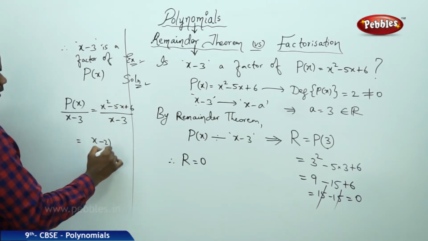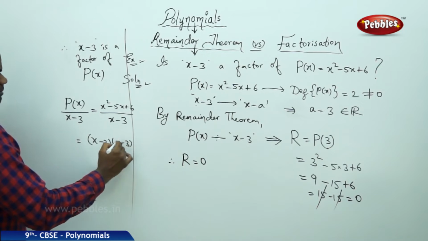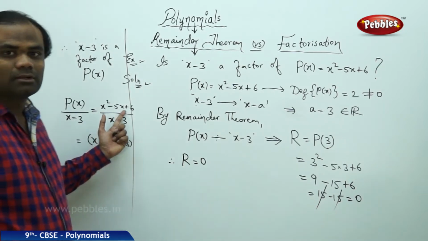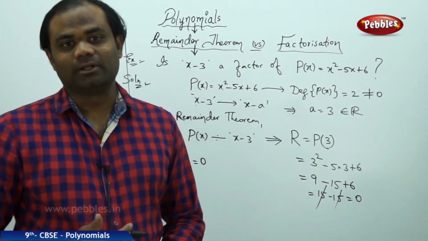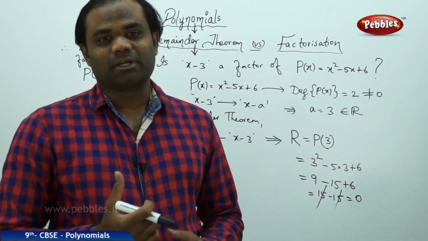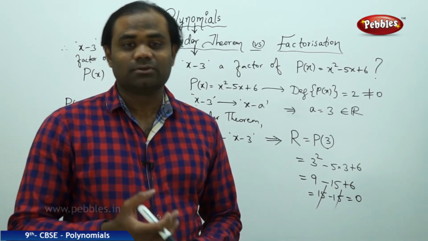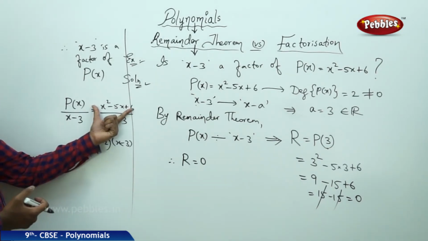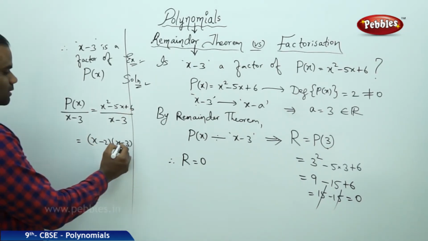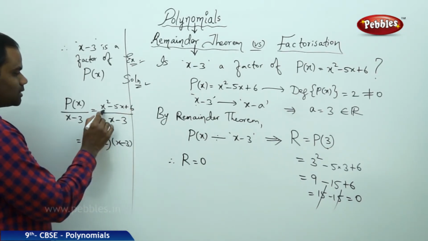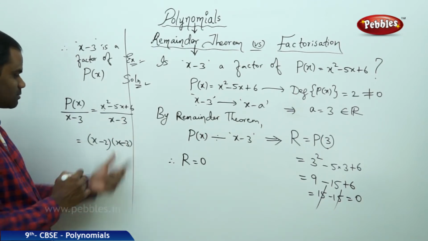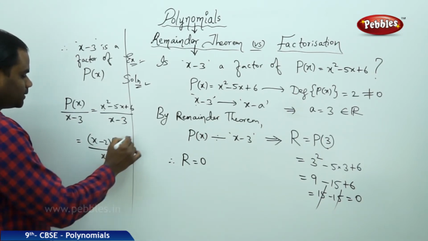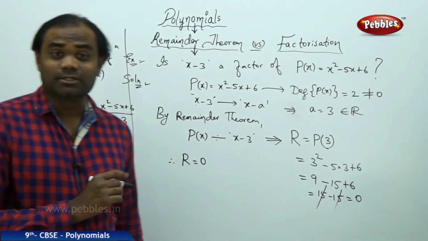This quadratic polynomial can be expressed as factors by using factorization. When I factorize the quadratic function, I get the factors with 2 and 3, and therefore this can be written as x minus 2 times x minus 3 by x minus 3. It gets cancelled because it's a factor.